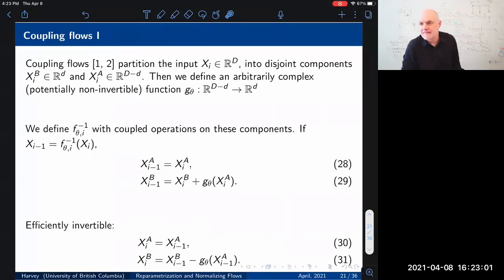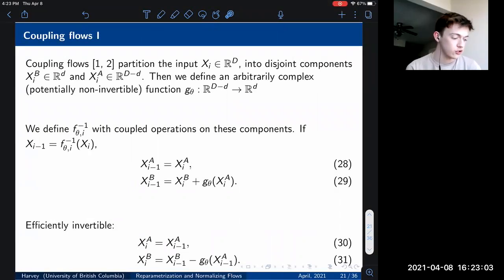So the next things we look at are the other two types of flow architecture that I'd mentioned earlier, coupling flows and autoregressive flows. So first off, coupling flows. These are slightly more involved than the previous types of flow we looked at.